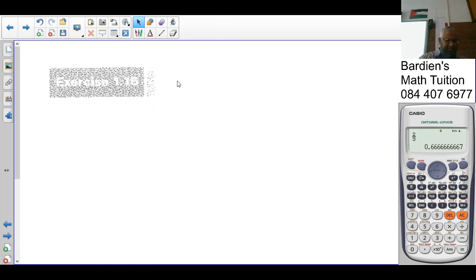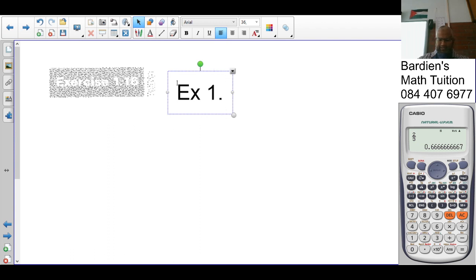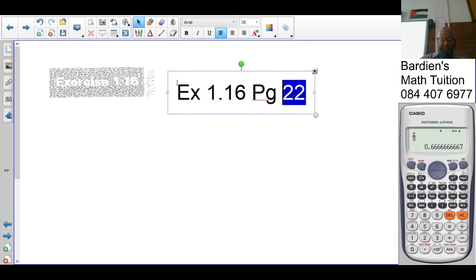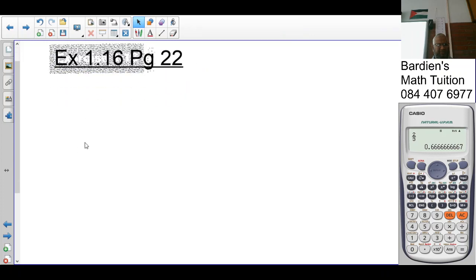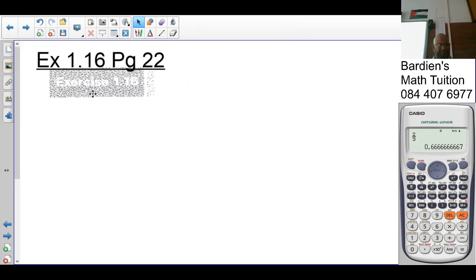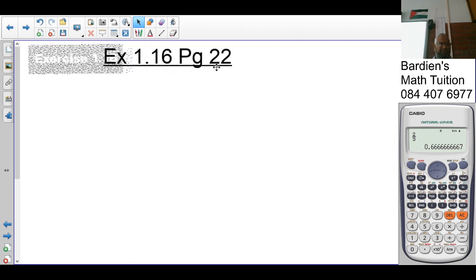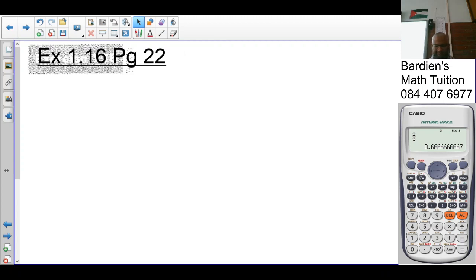Exercise 1.16 is on page 22. Okay. So it's E, G.